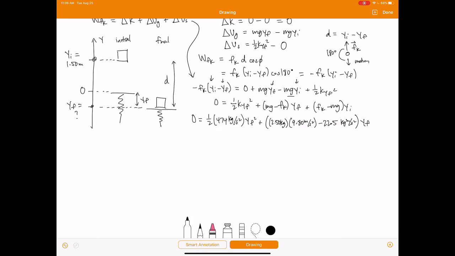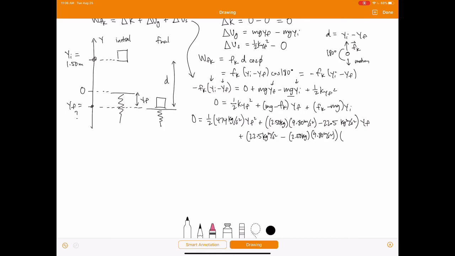Okay, then the last term is plus, we have that same force of friction, 22.5. Again, I can write newton as a kilogram times a meter per second squared. And then I subtract m times g, which is 2.5 kilograms, times 9.8 meters per second squared.